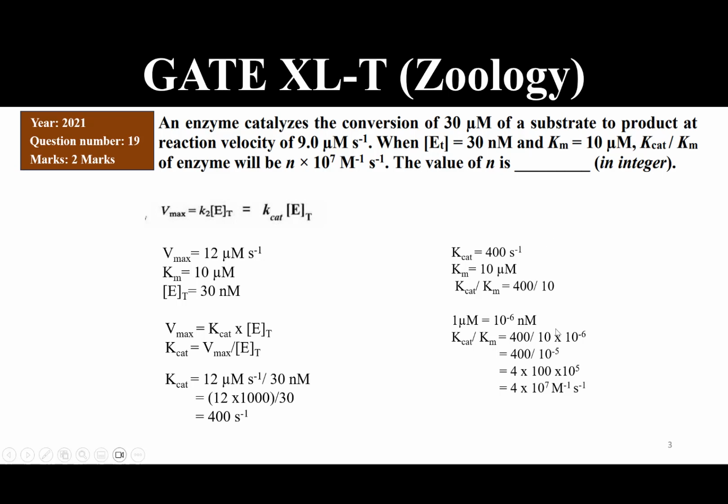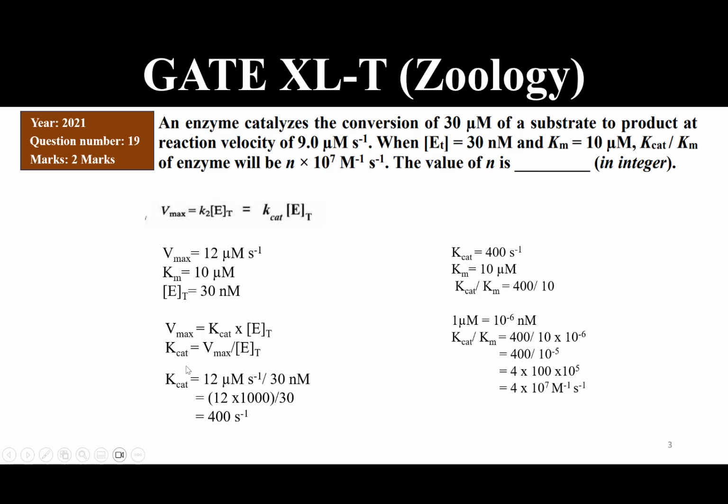Using this formula in mind, if we do the unit conversion and multiply it by 10 to the power minus 6 and solve it for molarity, we find it in nanomoles.